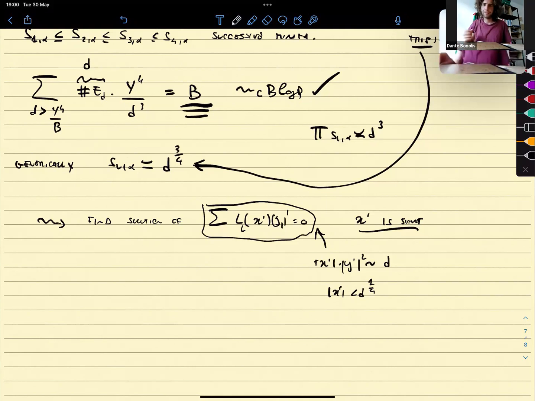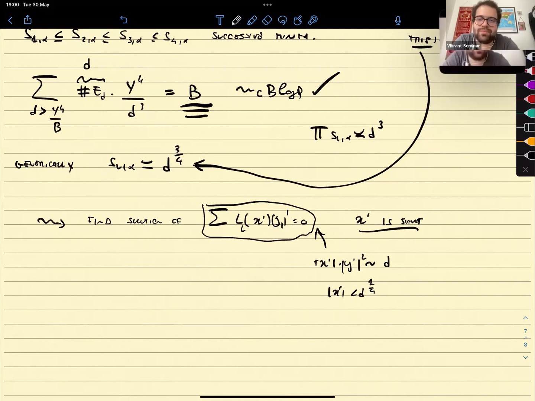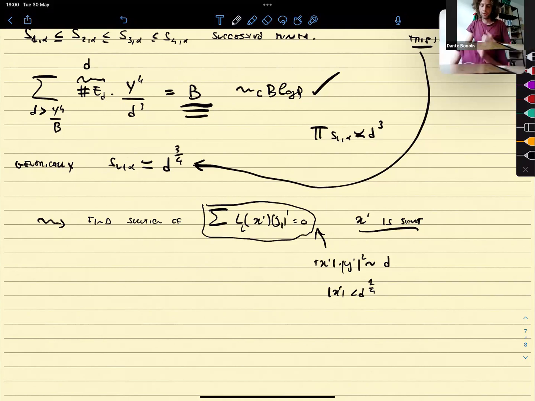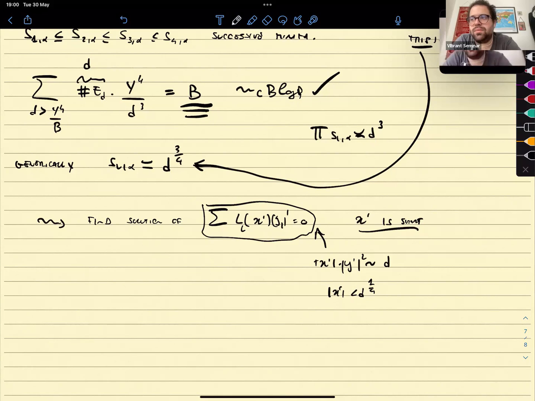You need to be very careful about every step you're doing, because at the end, in the error term we just save, I think, a square root of log or something like this with respect to the main term. So the saving is small, and we really need a lot of care.